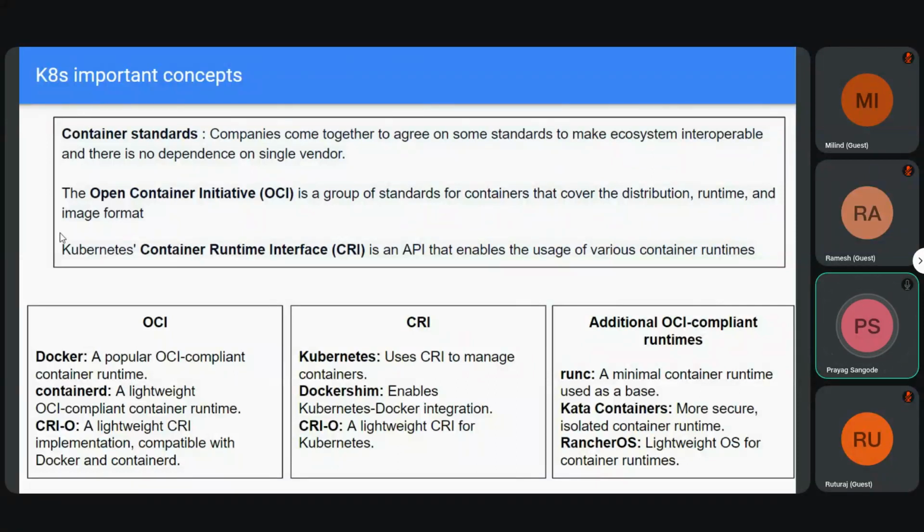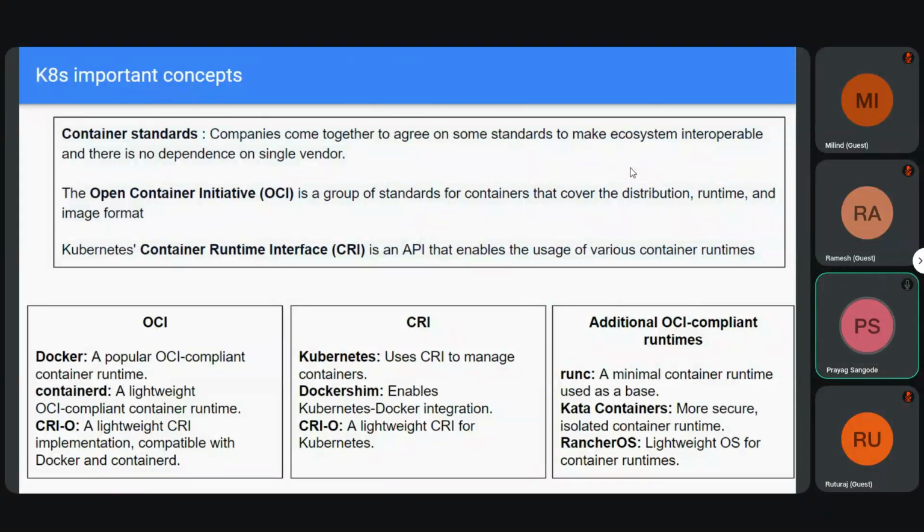These are some standards. Then for container runtimes, for usage of various container runtimes, CRI is defined, the Container Runtime Interface. So why was there a need for these standards? Docker plays an important role in maintaining these standards, and there are some other companies also. All these companies have come together to agree on some standards, so that nobody comes up with their own standard.